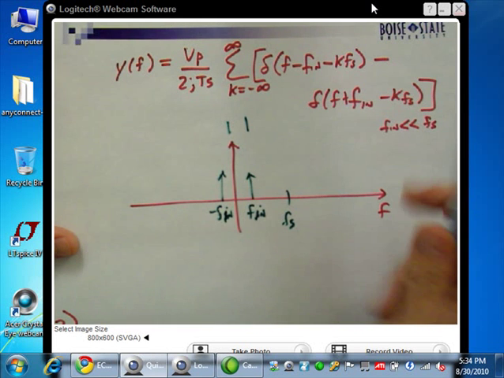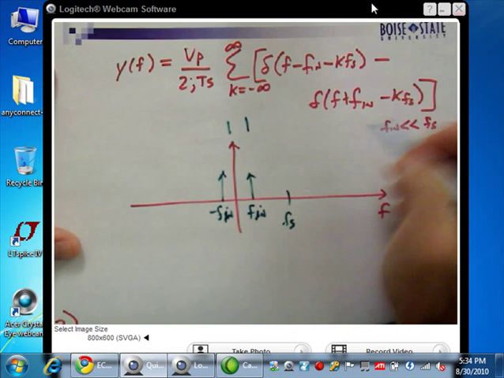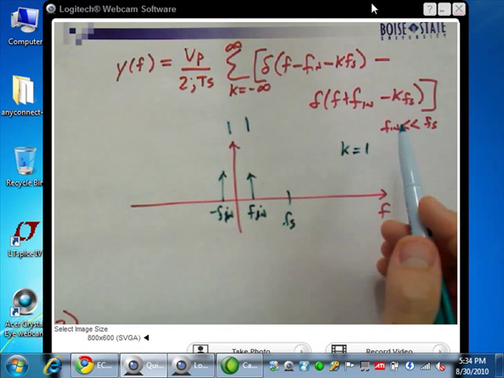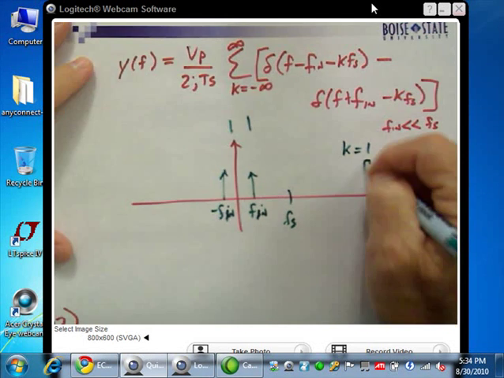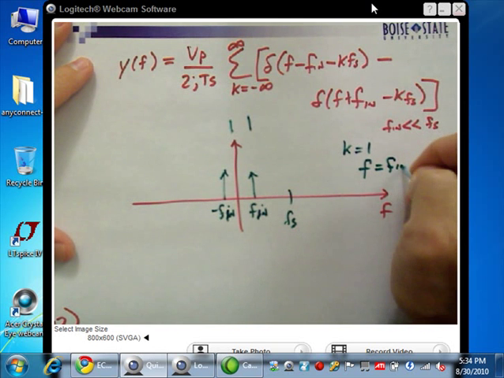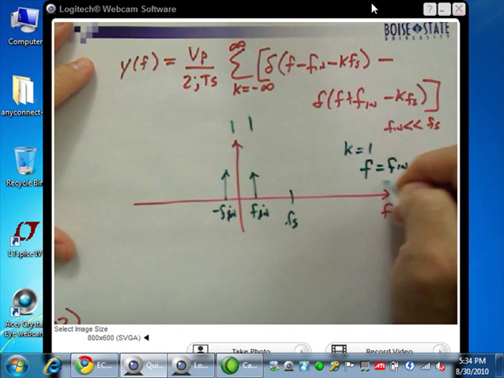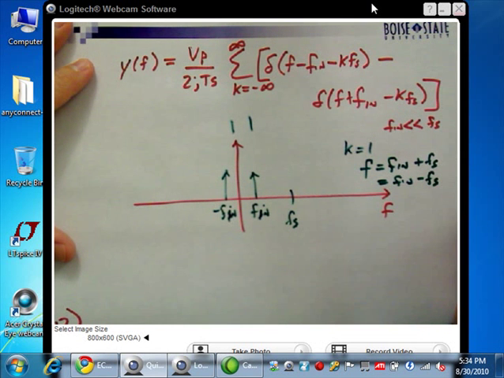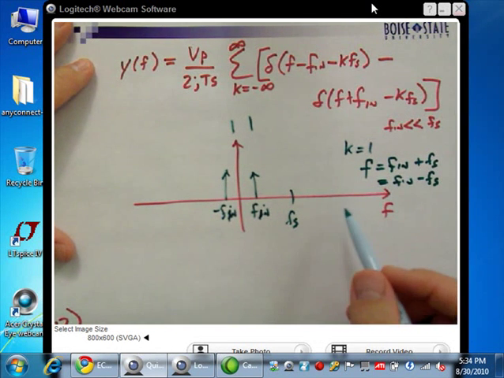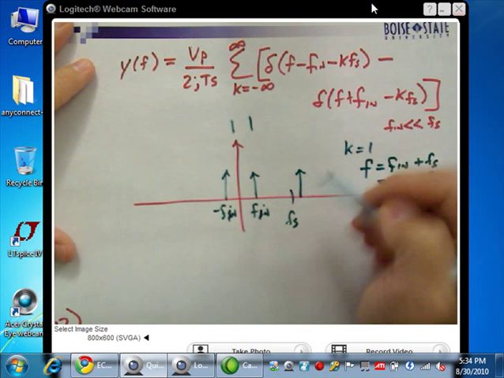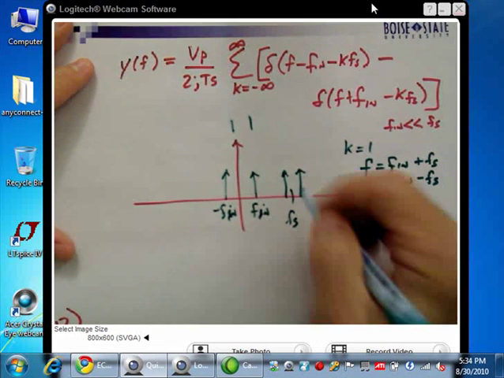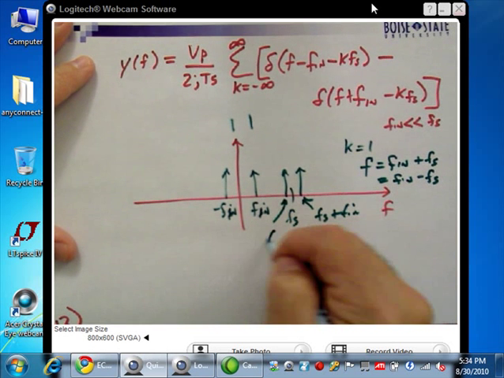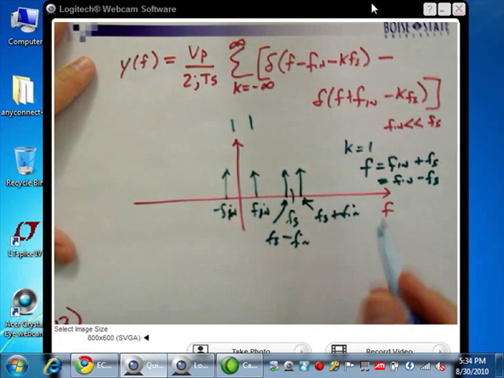If k is 1, this goes to 0 when f is equal to Fn plus Fs, Fn minus Fs for k equal 1. So that would be one tone here and one tone there. This would be at Fs plus Fn. This is Fs minus Fn. What if k is minus 1?